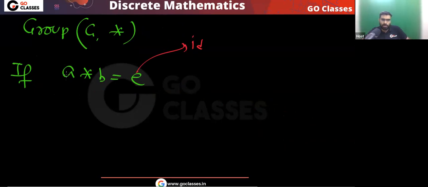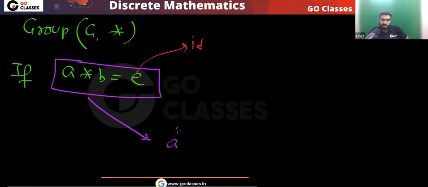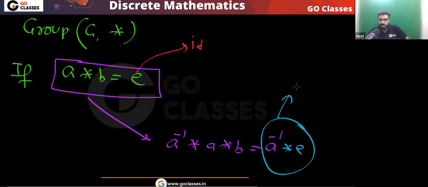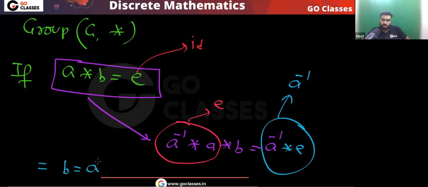A inverse star E will be A inverse, and A inverse star A will be E. And E star B will be B. So from here you got B equal to A inverse. Very simple. Agree? So this is a simple proof.